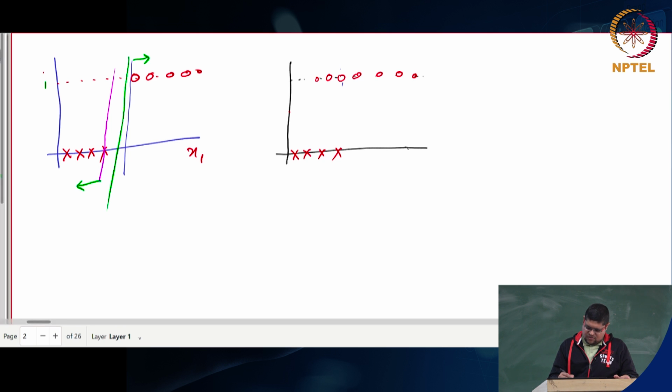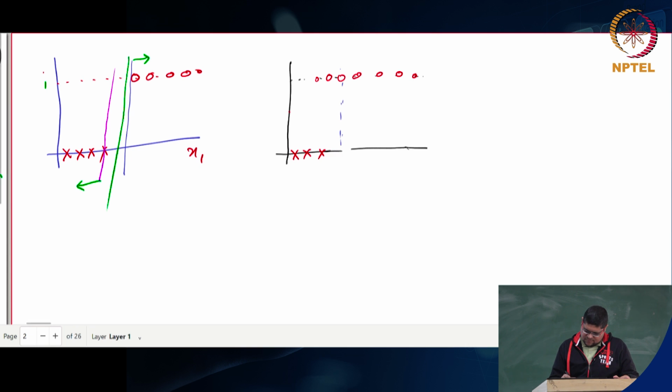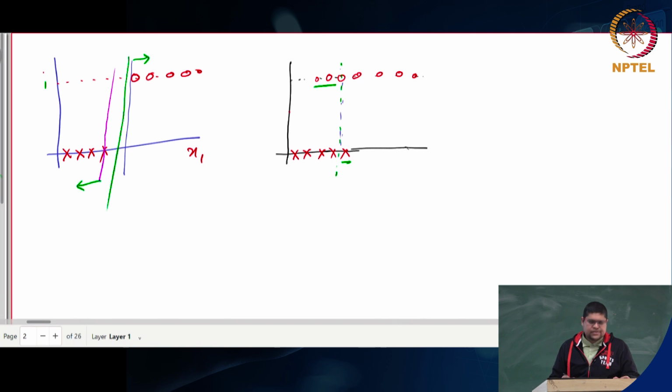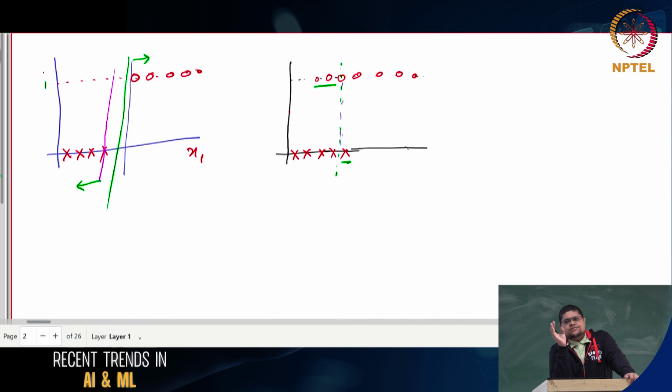So if I draw in this way, some points may be here, some points may be here, right? Then how to deal with it? So at least you have understood that only a simple line will not suffice for our purpose, right? Getting my point? So only a simple line.